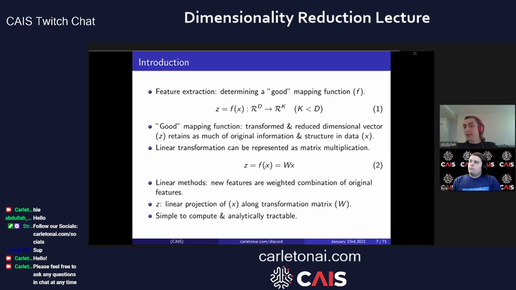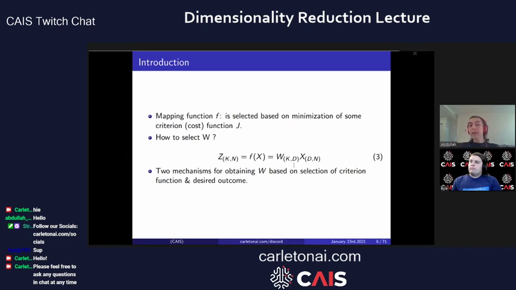And simply, we can interpret it as having this transformation matrix W, right? So what we're trying to learn, we're trying to find a good matrix W that transforms data X by reducing its dimensionality to learn Z, where this transformation matrix W is going to preserve as much of the information that is available in X as possible, right?